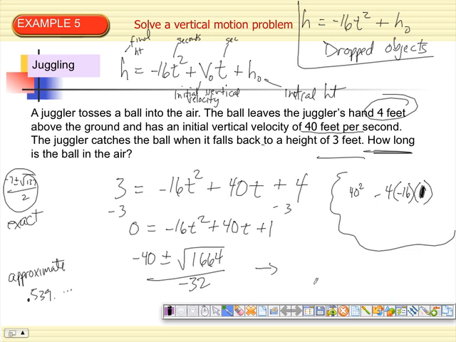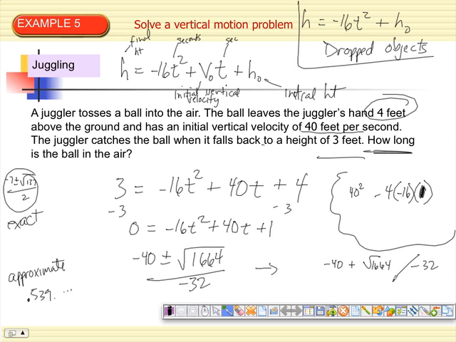What is that answer? 2.5. Now here's the deal. I want to correct any mistakes right here. People are going to do this in the calculator: negative 40 plus root 1664, and then hit divide negative 32.